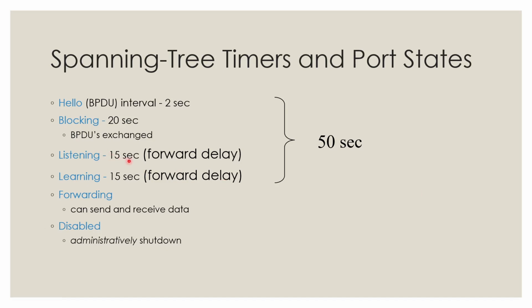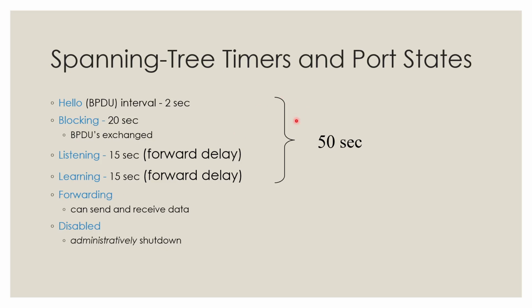Then it stays there for 15 seconds, then gets into learning state. At this stage, the port will be learning the MAC address from the attached PCs and populate the MAC address table. Stay there for 15 seconds, then the port is fully functioning, moved into the forwarding state.